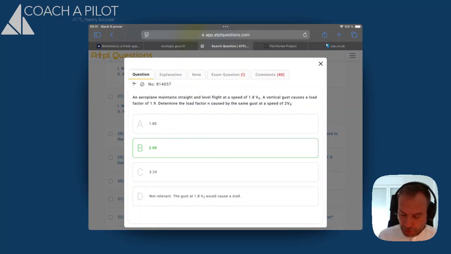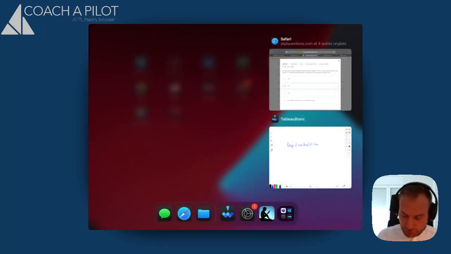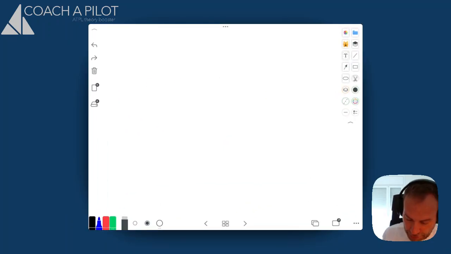What is the principle? The principle is that, first of all, we fly at a load factor of 1, because the question says that the aircraft flies straight and level. So it means that we can assume that the lift equals the weight and our load factor equals 1.